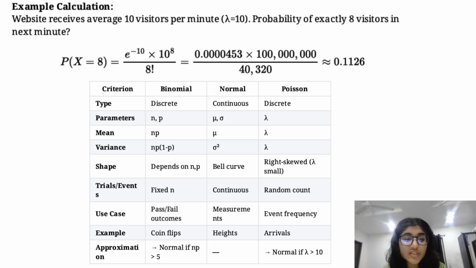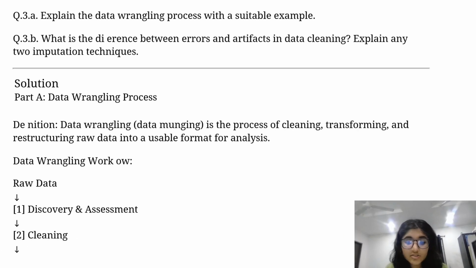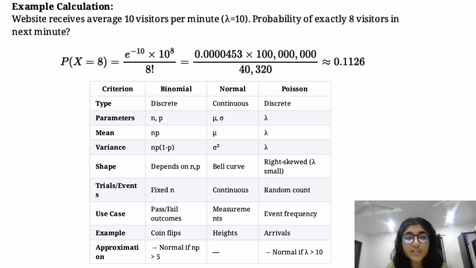The approximation is that binomial is approximated by normal if np is greater than 5. In normal we do not have any approximation, and in Poisson we have normal if lambda is greater than 10. So it was all about question 2.